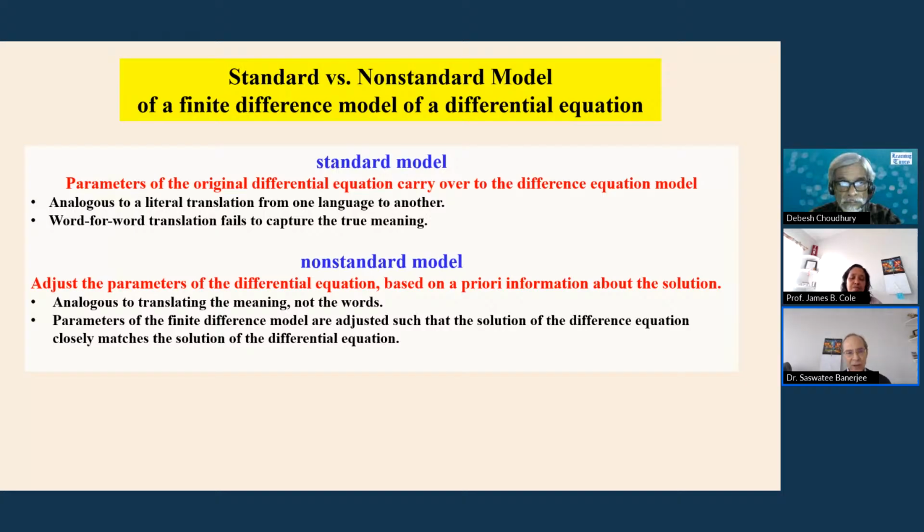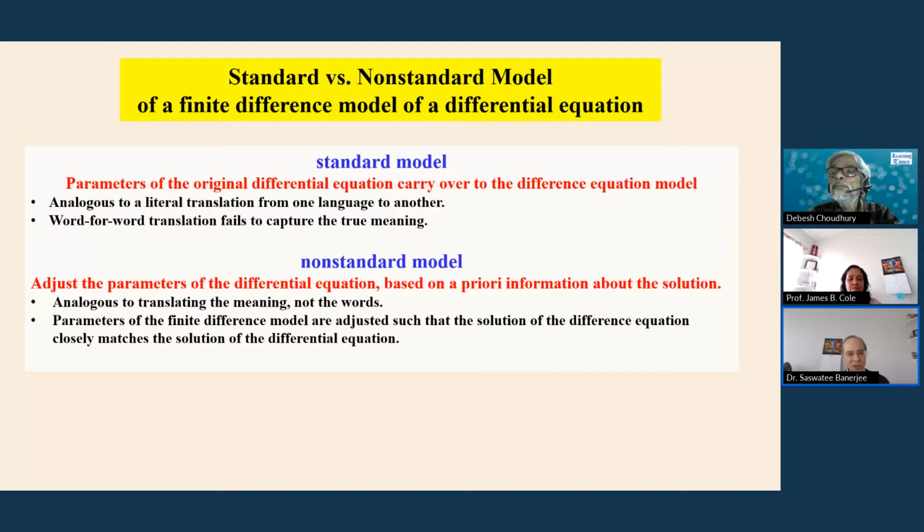For example, if we're solving Maxwell's equations, we're usually interested in waves, electromagnetic waves, light waves, for example. And so we know that the solution is a wave. We don't know the amplitude of the wave. Maybe we don't know the frequency of the wave, but we know it's a wave. So what we can do is adjust the parameters of the differential equation using this a priori information.